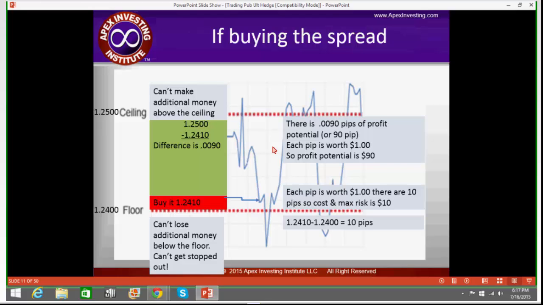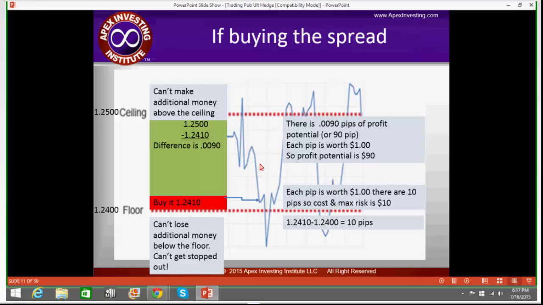Basic thing you have to remember is any spread there is on Nadex, there's a floor and there's a ceiling. You can't make or lose more past the ceiling or below the floor. Okay, simple as that. Now, you can buy in anywhere in the spread depending on what time it is. These examples we used showed buying or selling closer to the floor or ceiling.